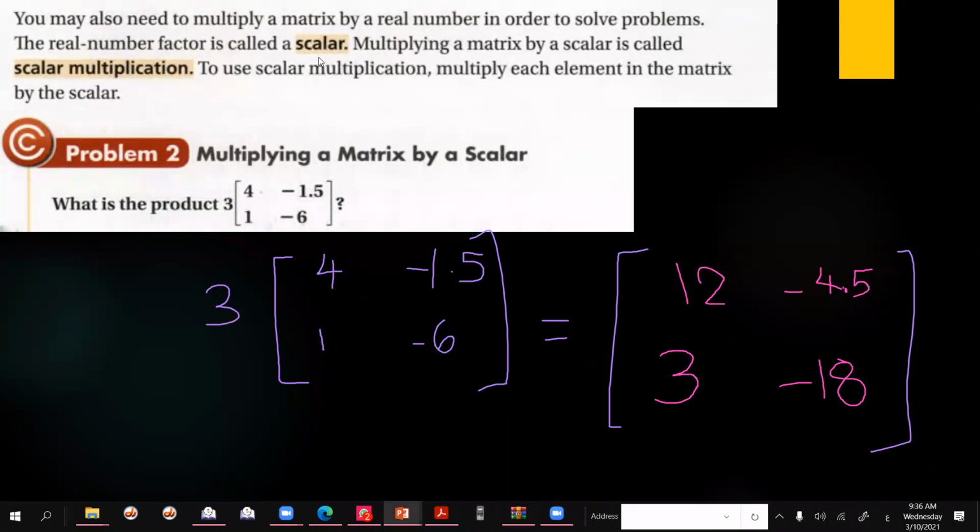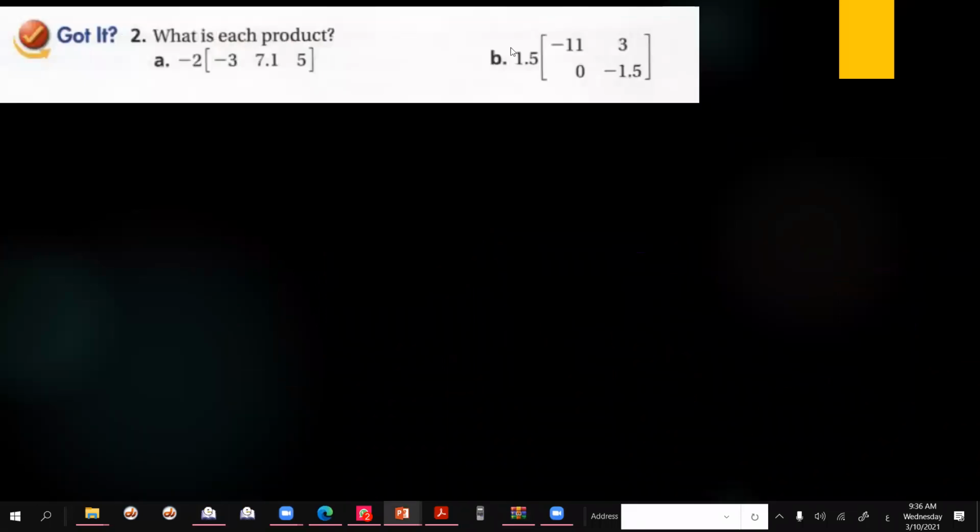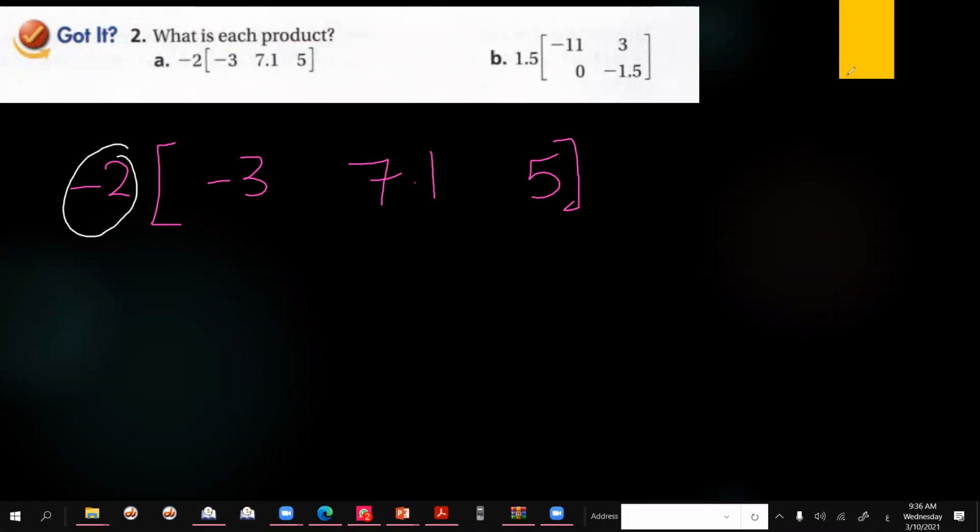Let's have another example here. We have negative 2 times this matrix. This matrix is a simple one. It has one row with 3 columns. I have to multiply the scalar number, which is negative 2, by each element. You multiply negative 2 by negative 3 first, which is positive 6.